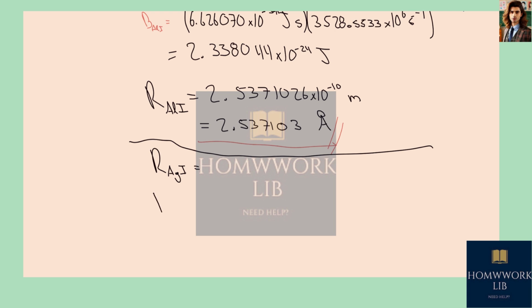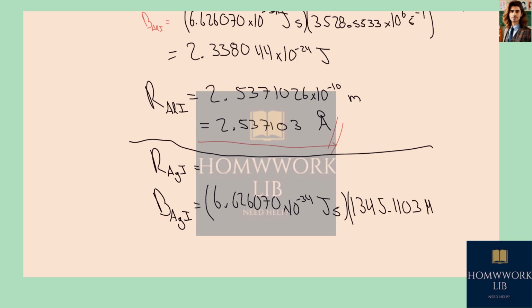So now we're going to repeat the procedure, but now with the silver iodide. So instead of replacing all of the values, I'm just going to do the calculation for the actual rotational constant for AgI, which is Planck's constant, 6.626070 times 10 to the minus 34 joules second, multiplied by my value in megahertz, which is 1345.1103 megahertz, which is times 10 to the 6 hertz, second to the minus 1.